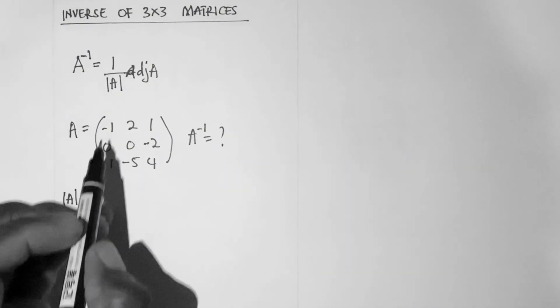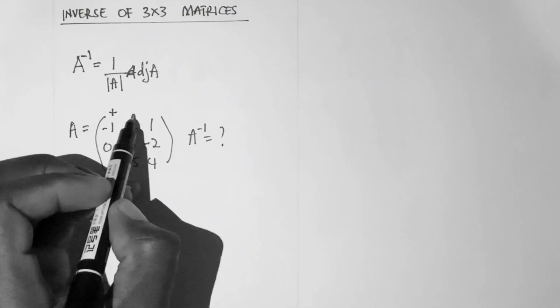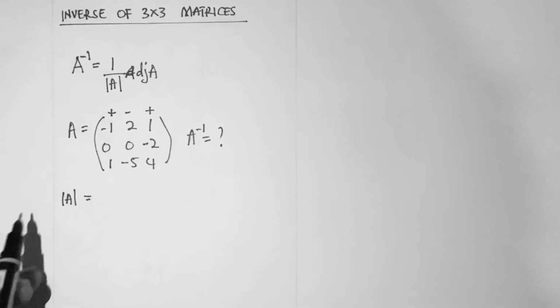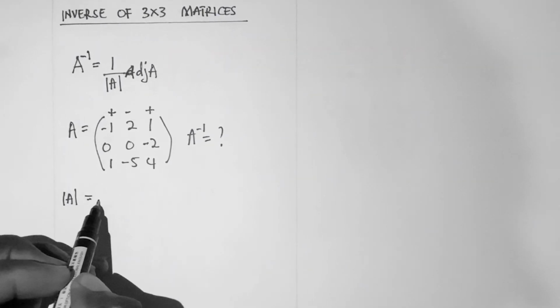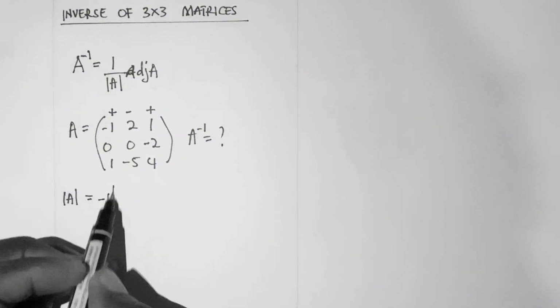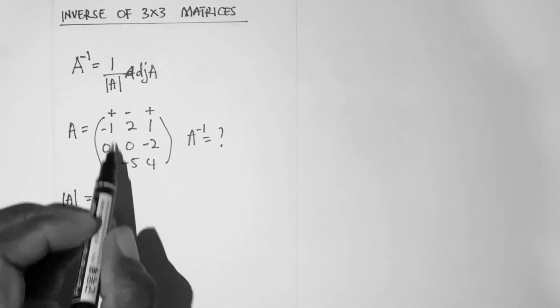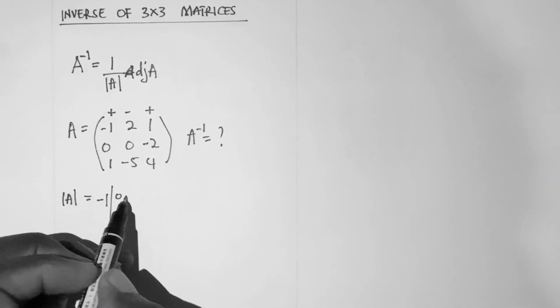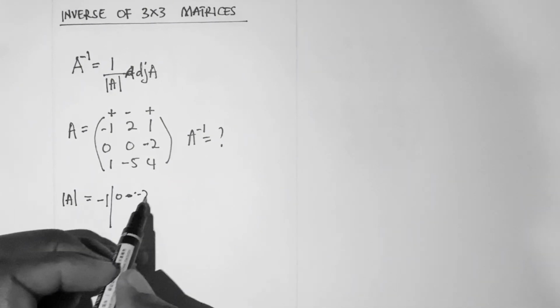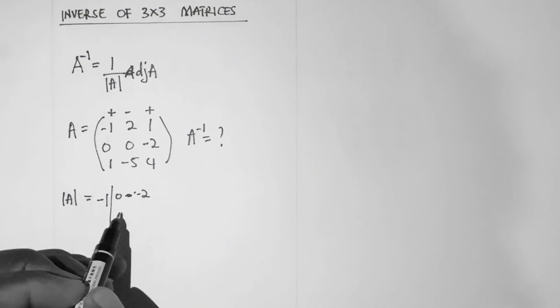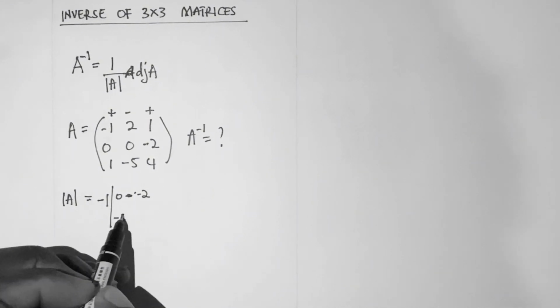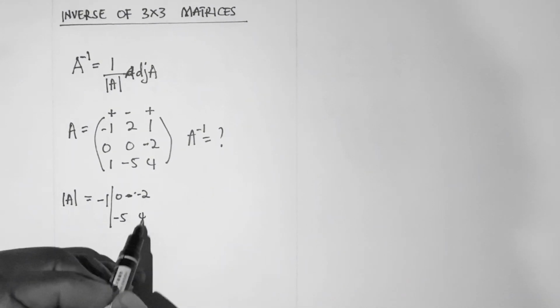So this is equal to, remember what we said, here is plus, minus, and then plus. So we need to bring out minus 1. Then rule out the row and column in which minus 1 exists. So we are left with 0, minus 2, and then minus 5 and 4.